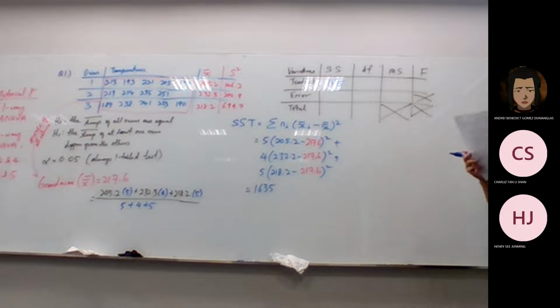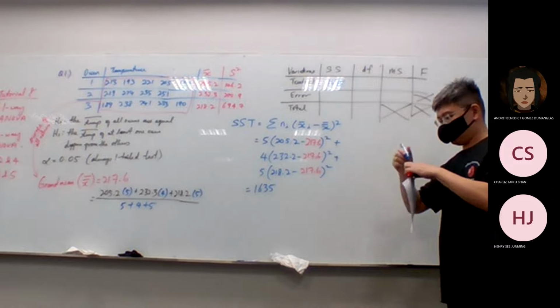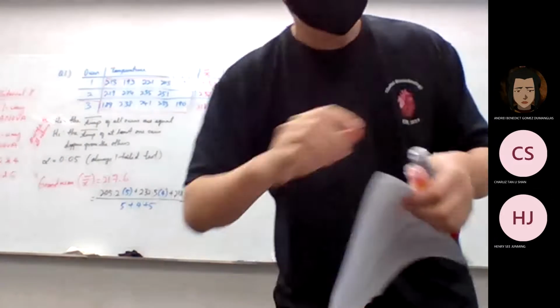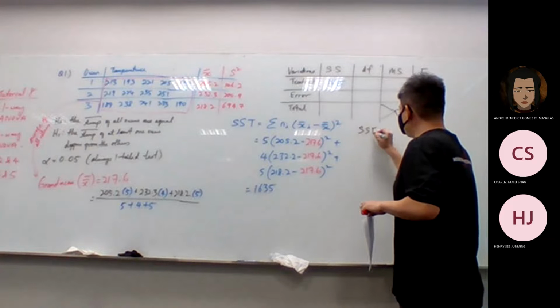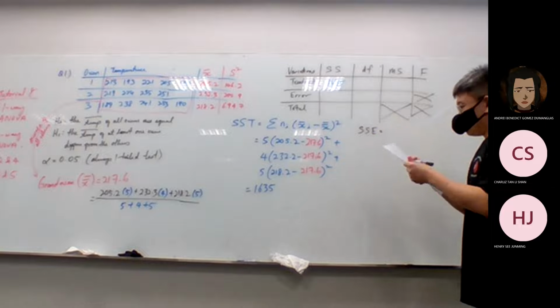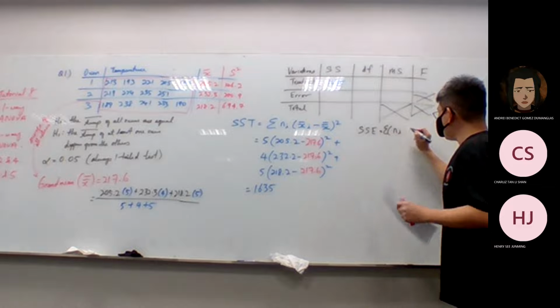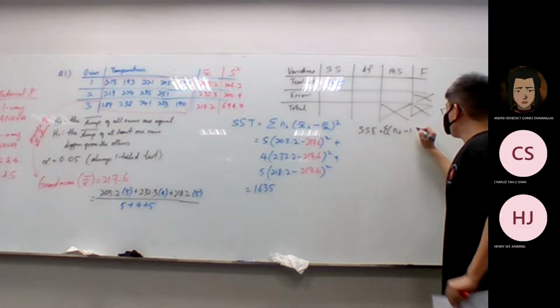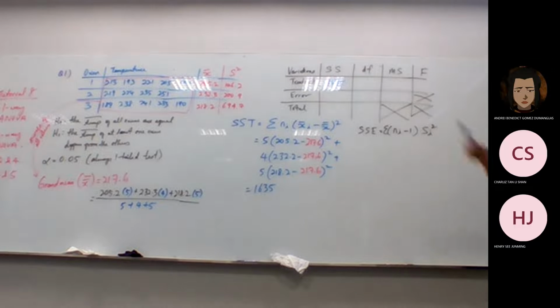The other component is your sum of square error, which is actually this value. It is the summation of n minus 1 multiplied by the variance, not the standard deviation.